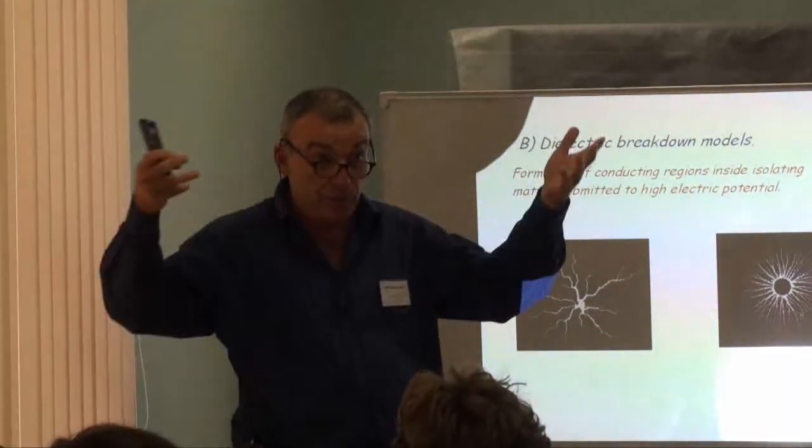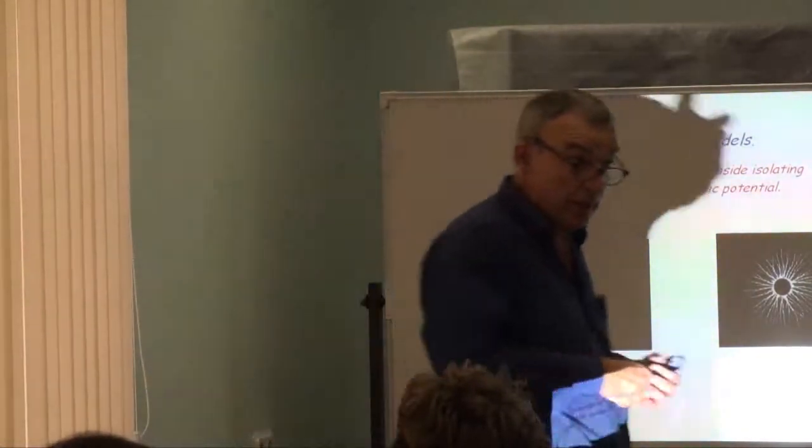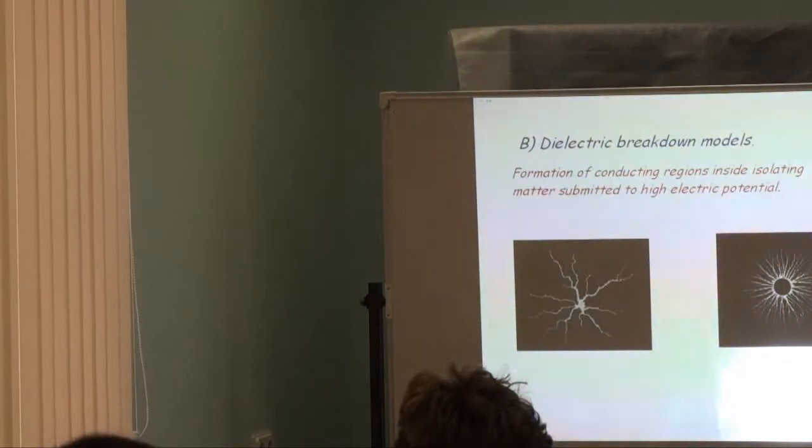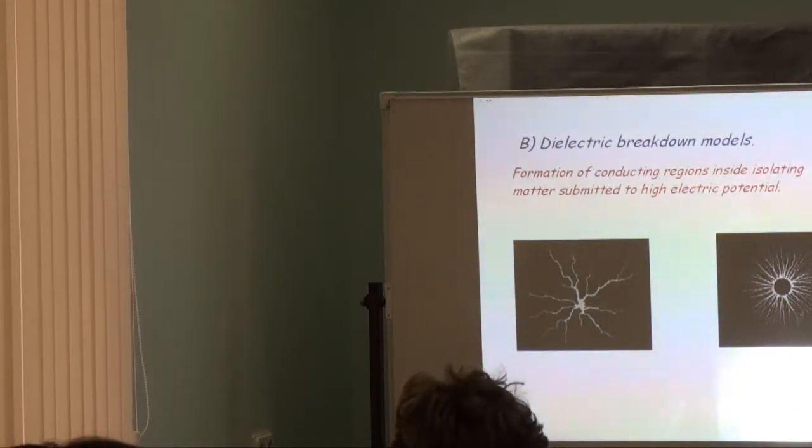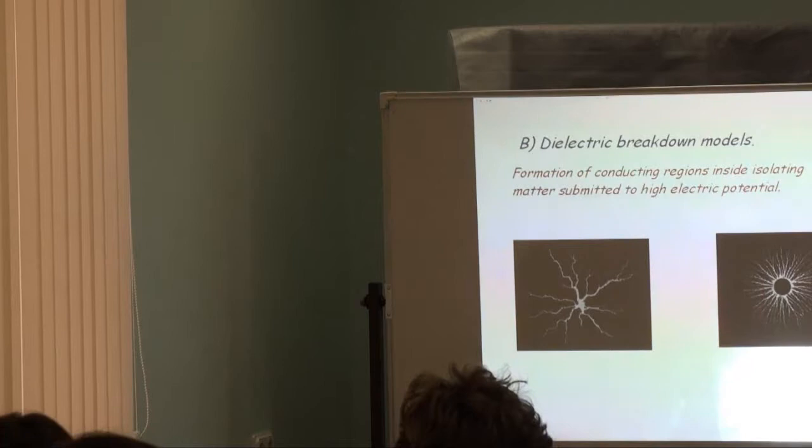Actually, lightnings, when you have a thunderstorm, it's exactly this. Okay, so you have the air, which is a little bit isolating, and it suddenly becomes not isolating, and you have these lightnings coming out.